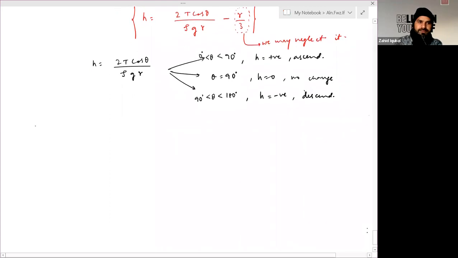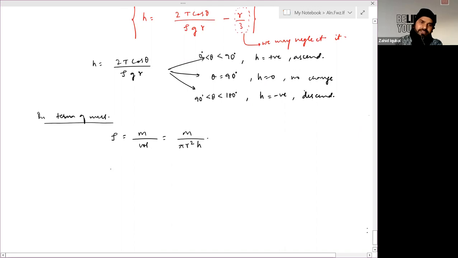Now, next relation will be in terms of mass. We may write density equals mass divided by volume, where volume is pi r square into h.